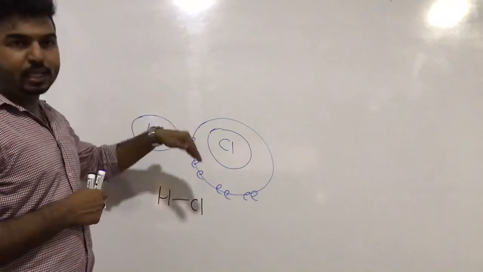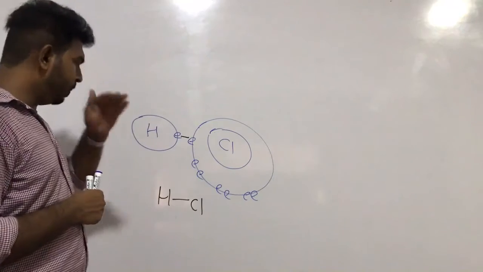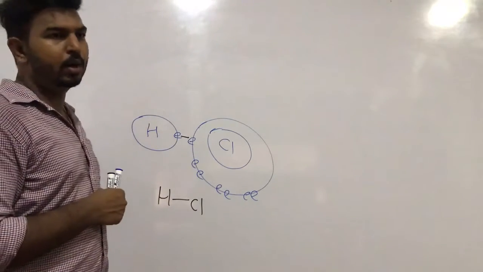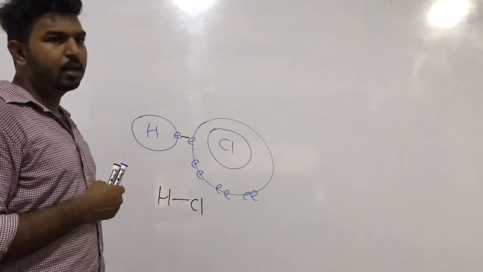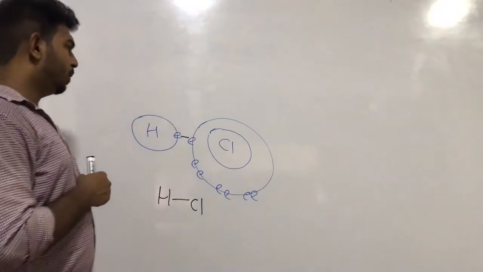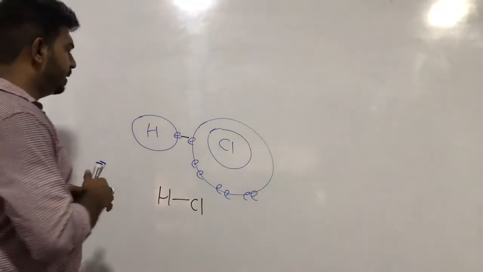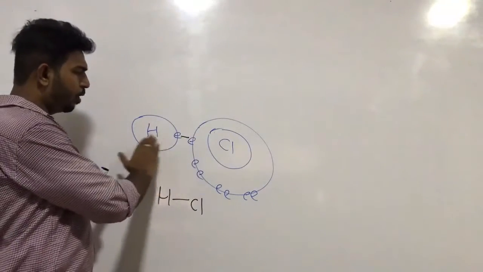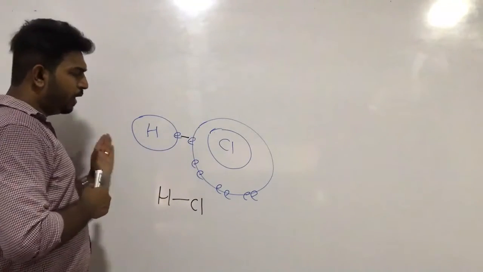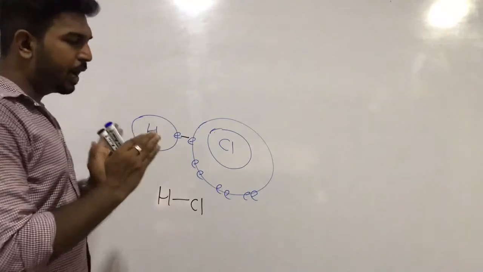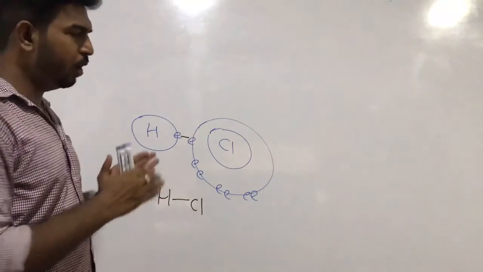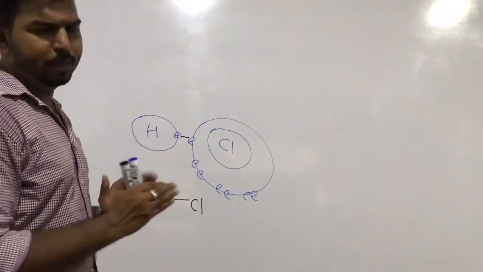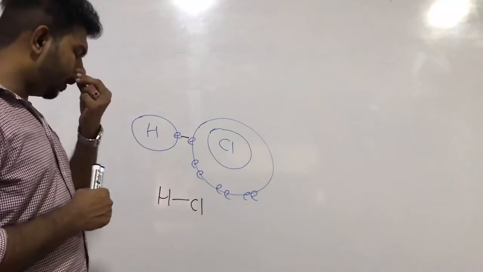They will reduce their energy and form a stable chemical bond. The real phenomenon of forming this bond, as I have already told you, is overlapping of orbitals.